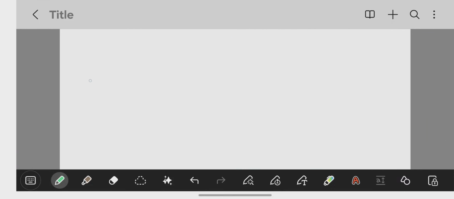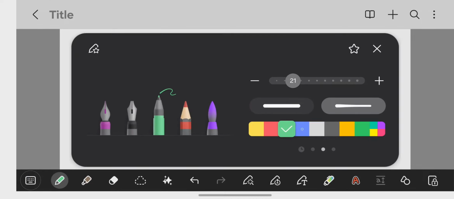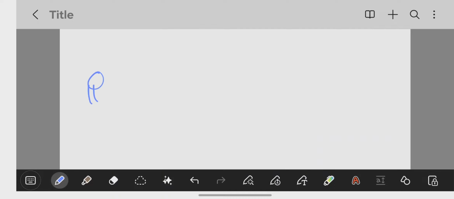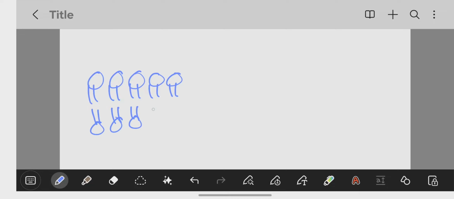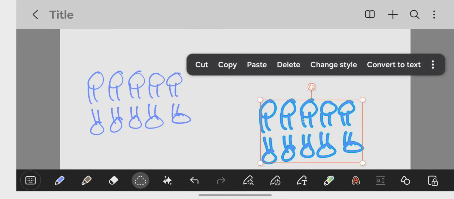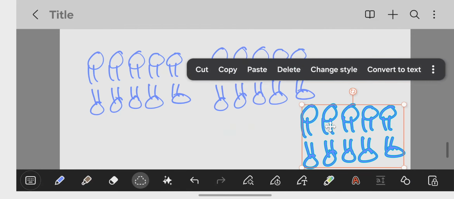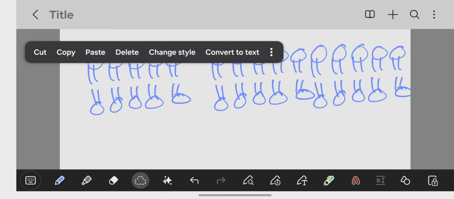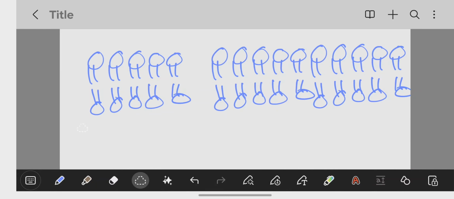So I've drawn the phospholipid bilayer every time. Actually, I'll just draw the phospholipid bilayer, and I'll use blue. Speeding this up is highly recommended.